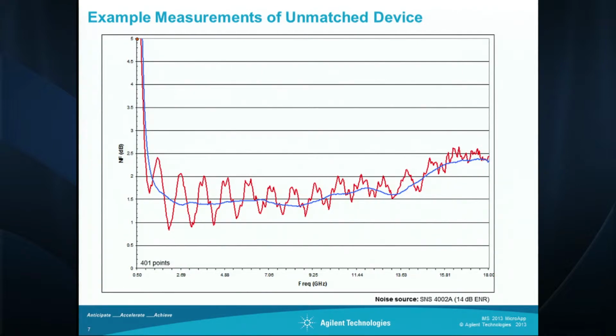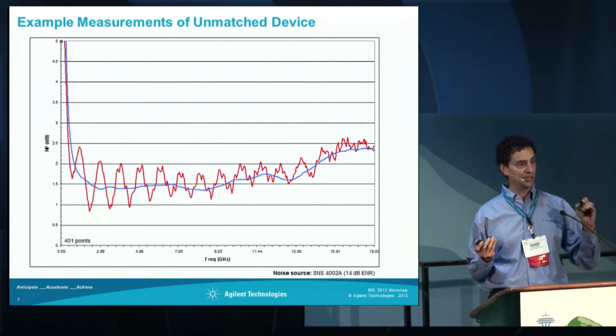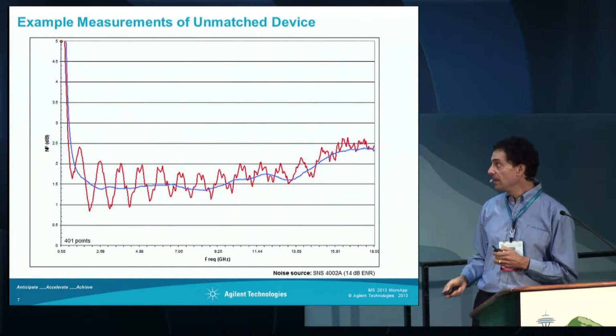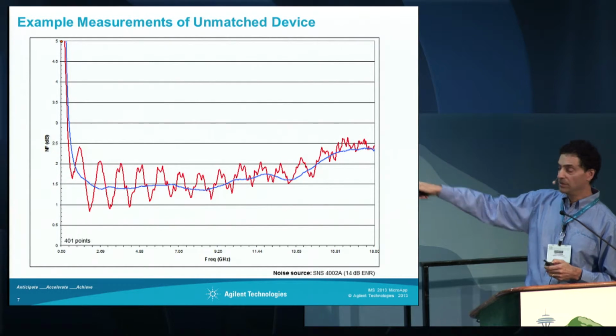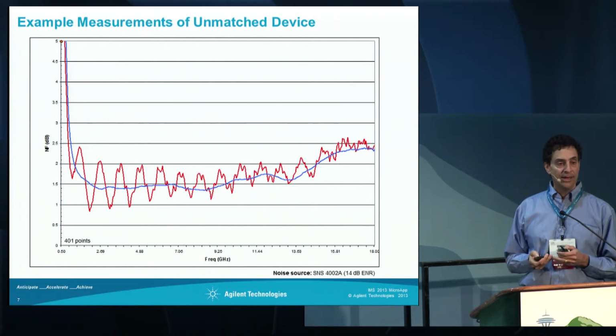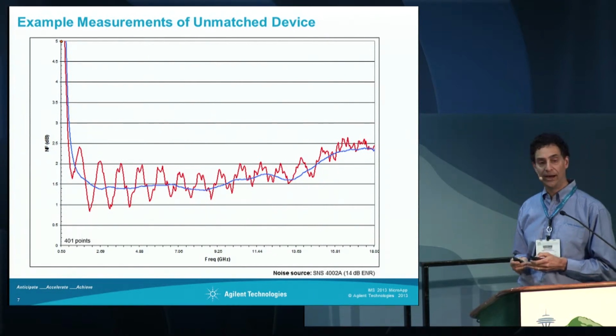So in this example, we've probably picked the hardest device to measure. It's a broadband device. This goes up to 18 gigahertz. And it's completely unmatched. It's a bare transistor. And in the Y-factor method, all this ripple is essentially measurement error. And the error correction of the PNA-X is the blue line, and we've removed that systematic error.